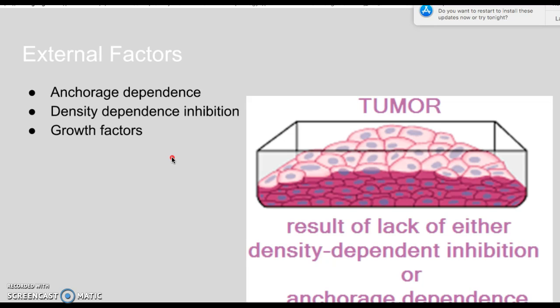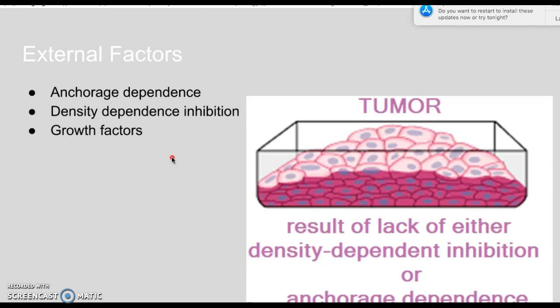Starting with anchorage dependence, animal cells must be in contact with a solid surface to divide. That is what anchorage dependence is. Density dependent inhibition is when crowded cells stop dividing. And growth factors are secreted by other cells and required to start and continue the division of cells.